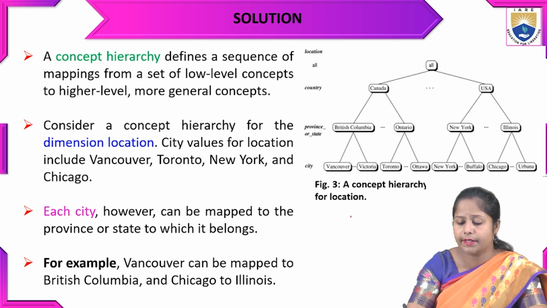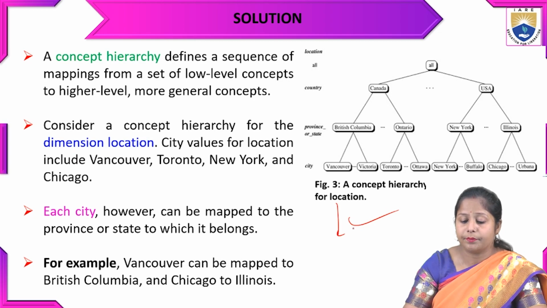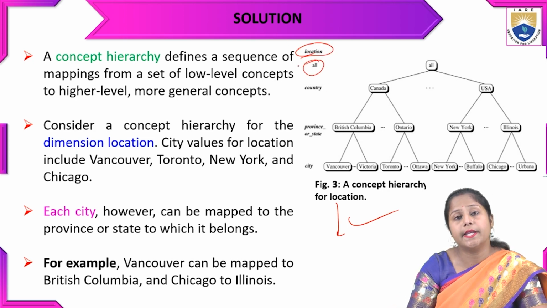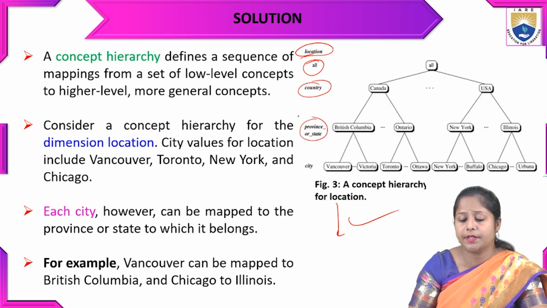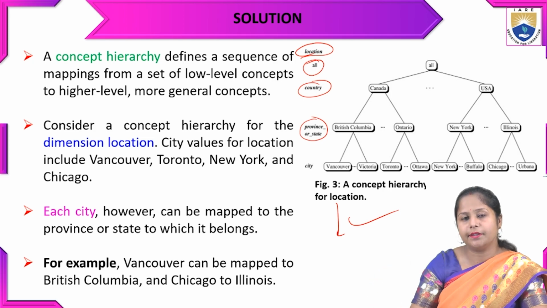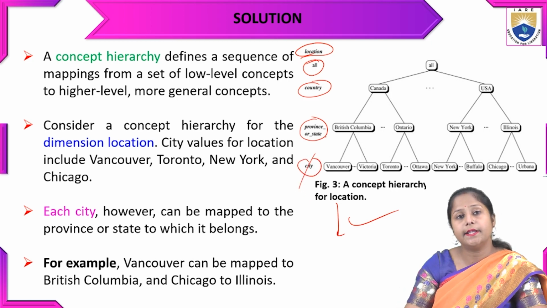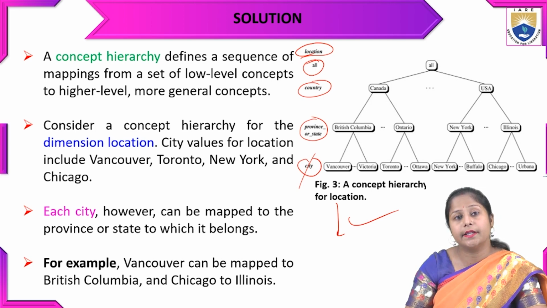On the right hand side we can see a concept hierarchy for the location dimension. For the location, first we can see the apex cuboid is all, next country, next province or state. I am telling you in the downward direction, but we have to start from the city. Like this, we have to start for any lattice representation and any other representation.